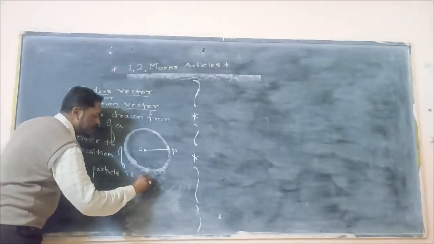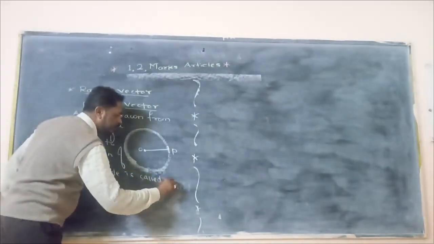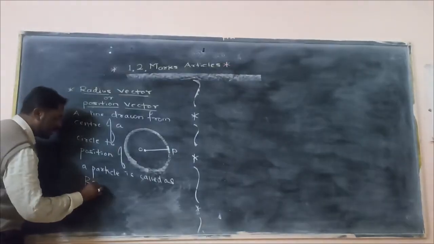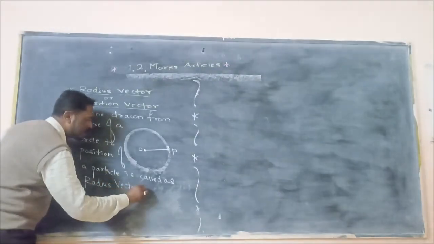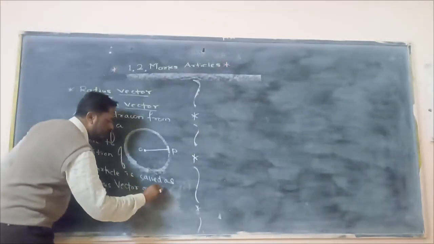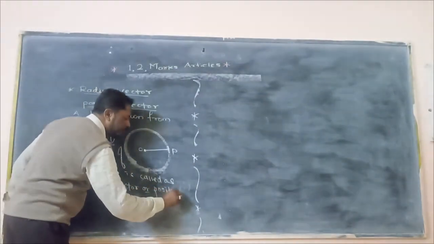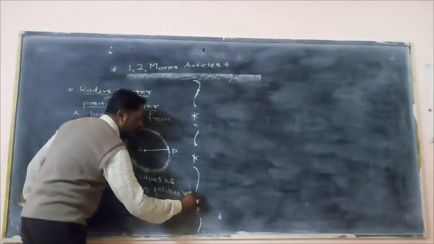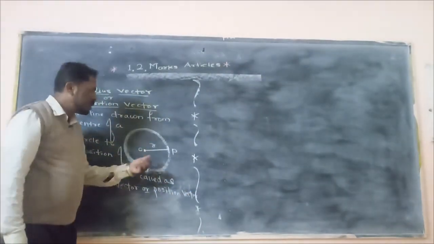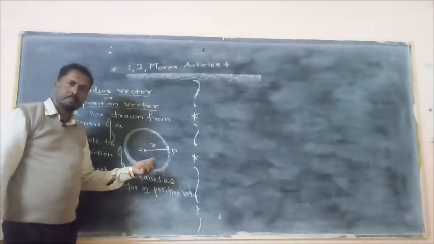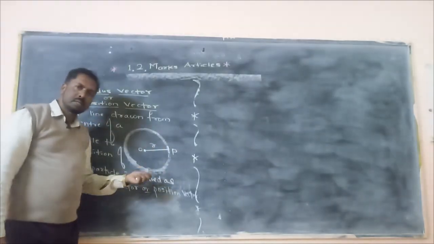This is called the radius vector, or you can also call it the position vector. You can represent it as r. So what is r? r is called the radius vector or position vector. How can we say it?